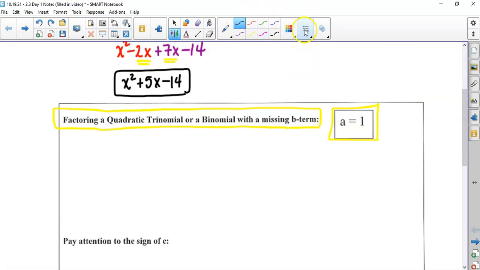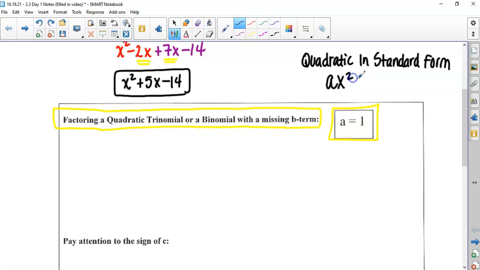Remembering our standard form of a quadratic, in standard form is ax squared plus bx plus c, where we have a, b, and c.